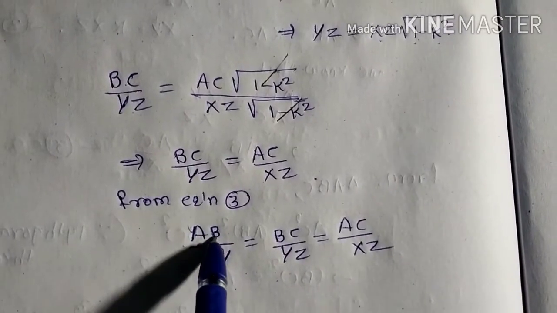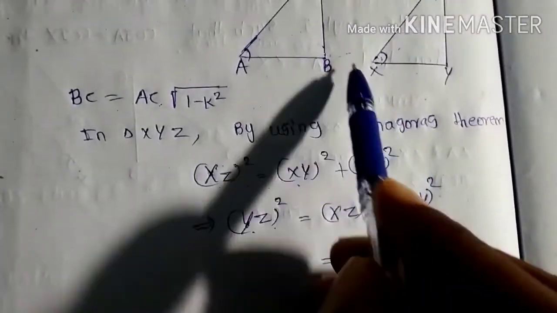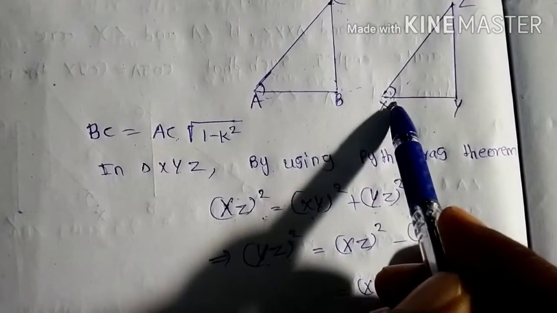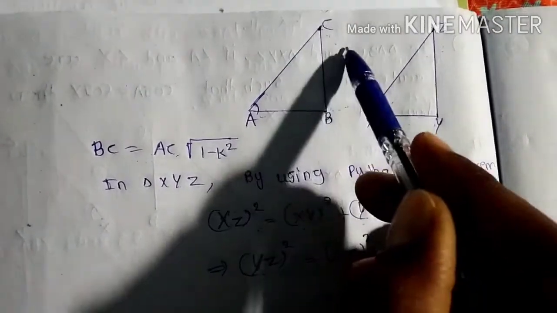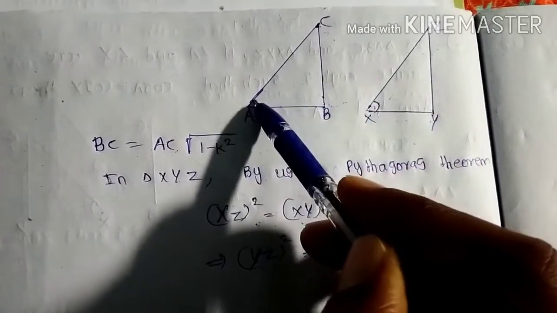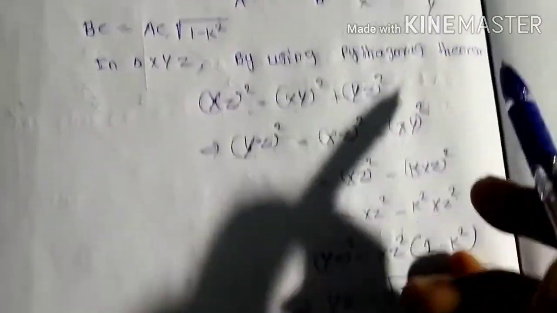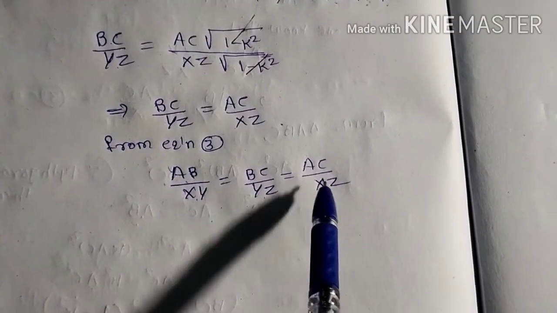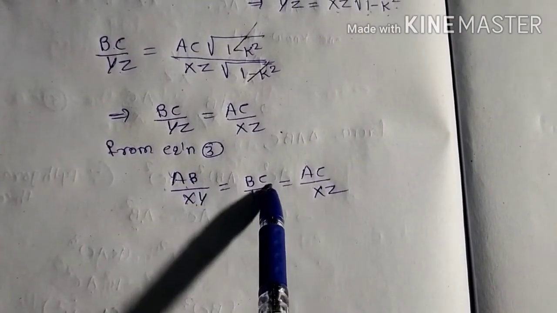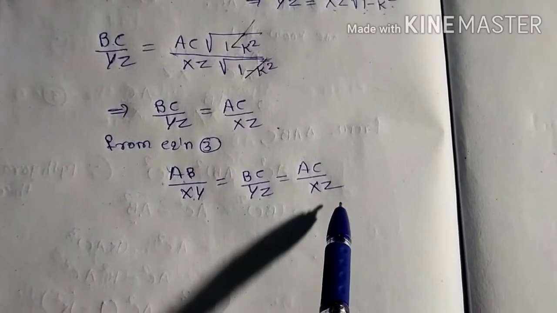See here AB by XY means the corresponding sides. Next BC by YZ. Next AC by XZ. See here all the corresponding sides ratios only.